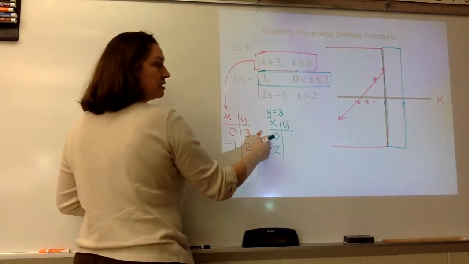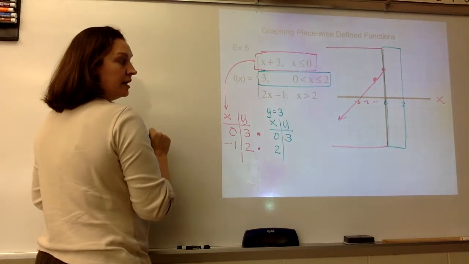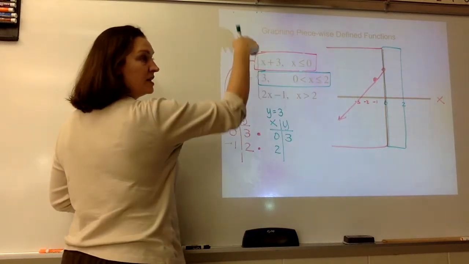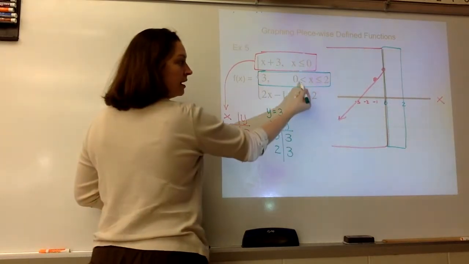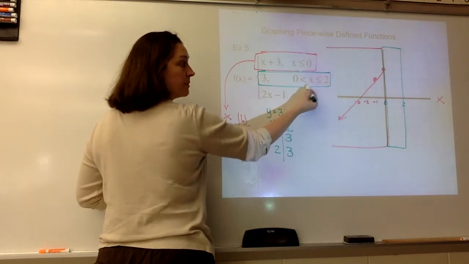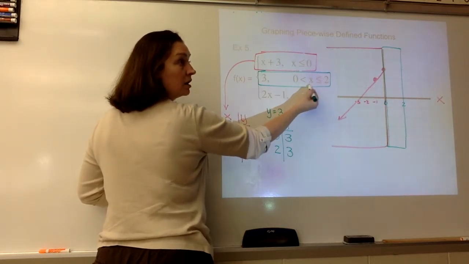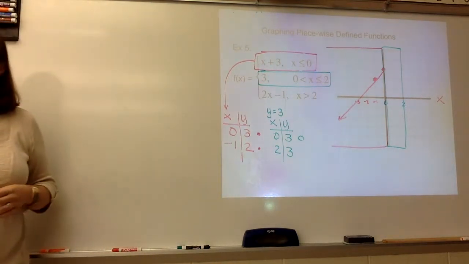If I plug in 0 to here, it's 3. If I plug 2 in, there's no place to input it, the output is 3. Is 0, 3 a solution or a boundary point? Is it open or closed according to my restriction? It's going to be open. Any questions on why it's open?